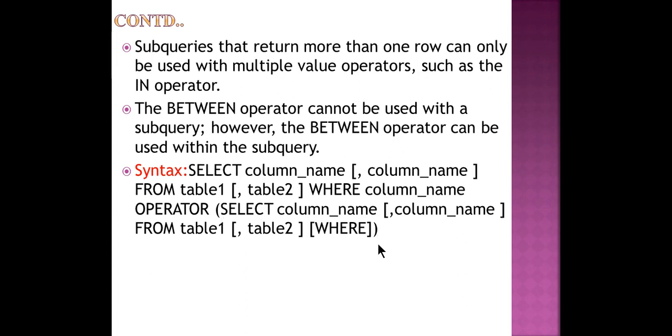Within parentheses we have written another select statement, so this select statement is called your subquery, right? The outer one is your main query, the second select statement is your subquery.